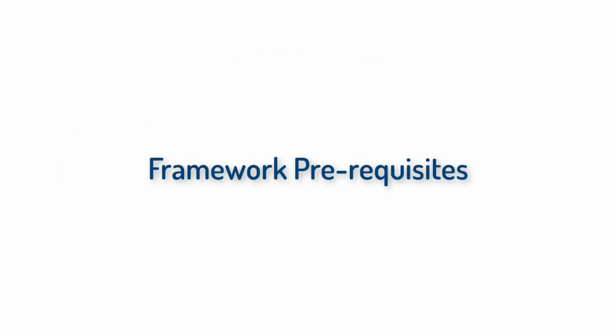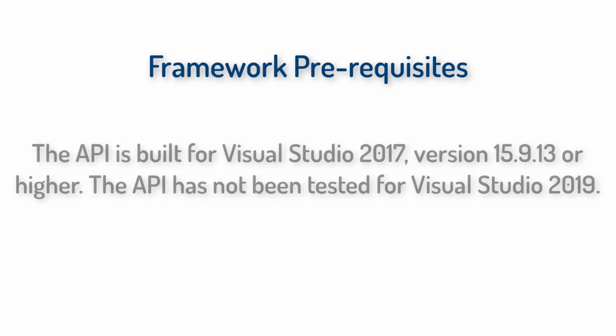Moving on to the most important part, the prerequisites of this API. This API has been built for Visual Studio 2017, version 15.9.13 or higher. You have to remember that this API has not been tested for Visual Studio 2019.